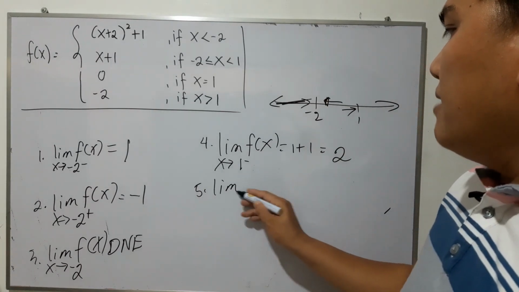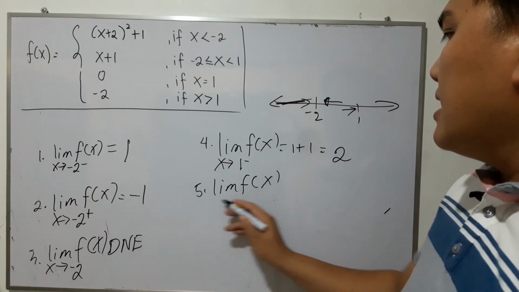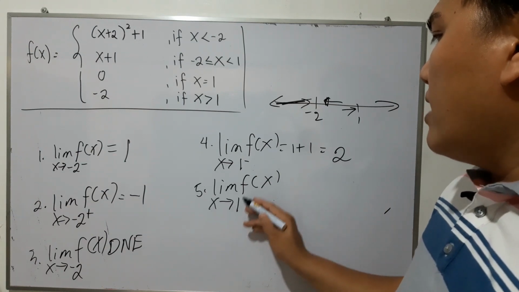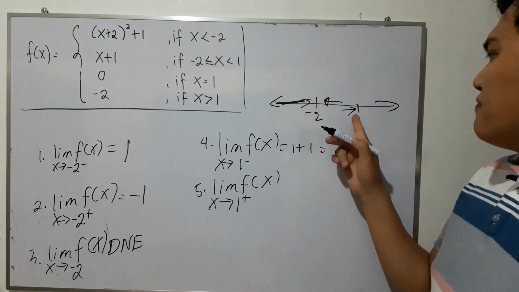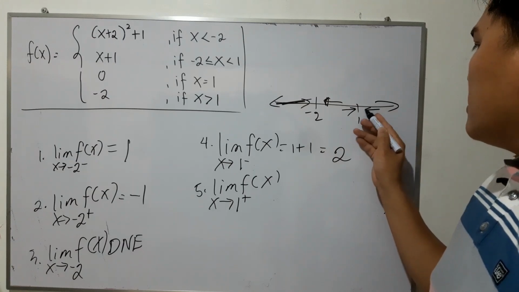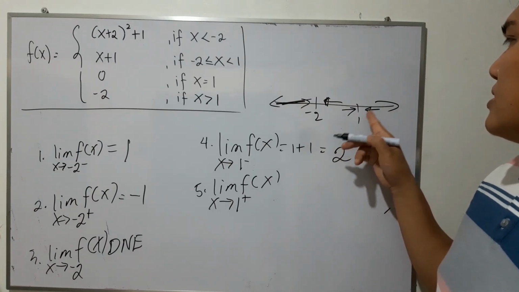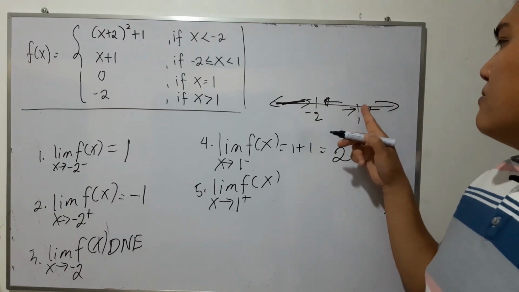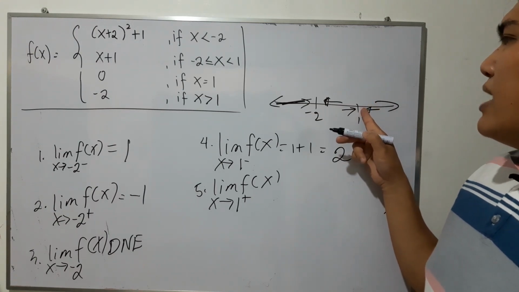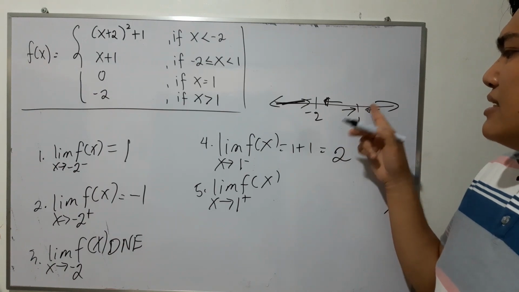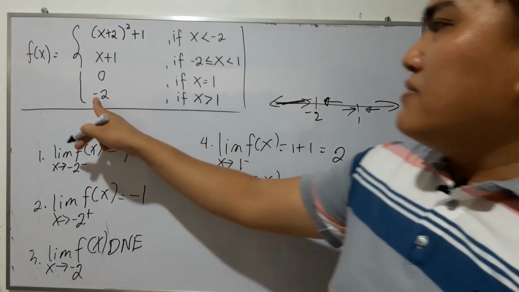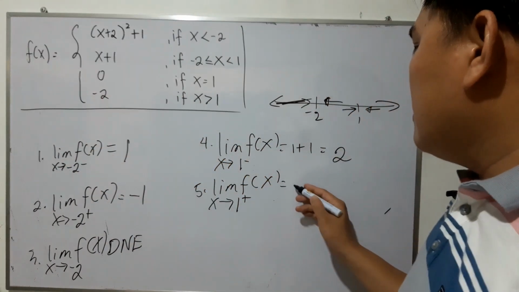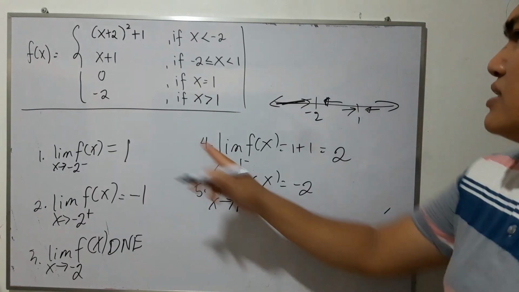Limit of f of x as x approaches 1 from the right. If you're from the right of 1, you're going to go this way. The values here like 1.1, 1.01, 1.001 are greater than 1. So if it's greater than 1, we have to look at this. This is equal to -2 because there's no x there.